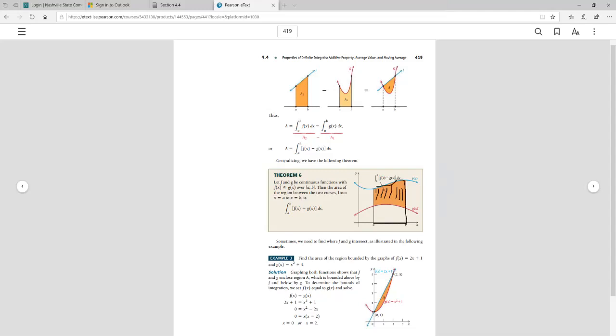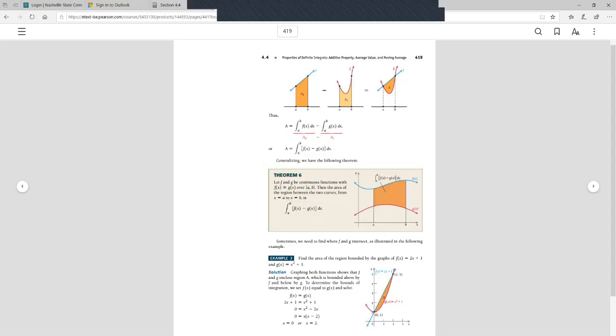First you calculate that, and then you subtract out all of this down here. And then what's left is the area you're looking for, right? It would be this region here. And that's exactly what this is saying. The area of the region between the two curves, between a and b, is the integral of the upper function minus the lower function.